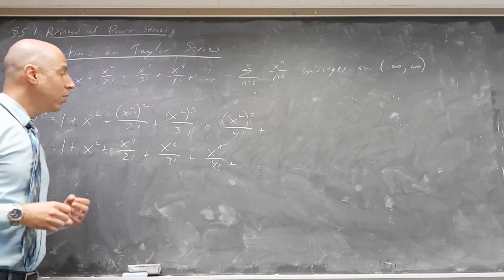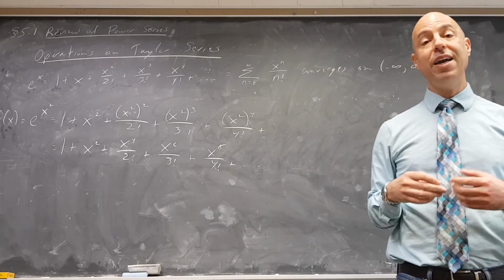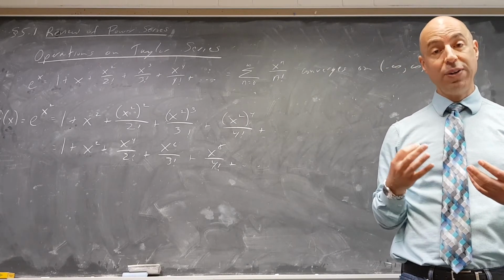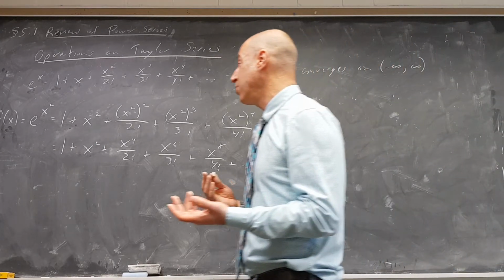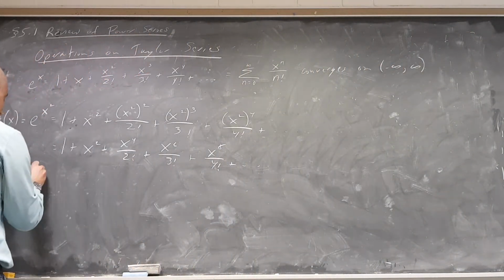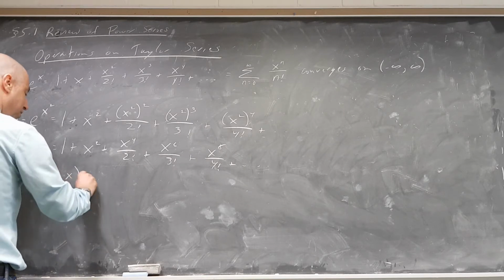I also would like to remind you, and again, this is something that you studied in calculus too, that it is possible to take the derivative of and antiderivative of Taylor series term by term. Let's go ahead and take the derivative of the Taylor series for e to the x.